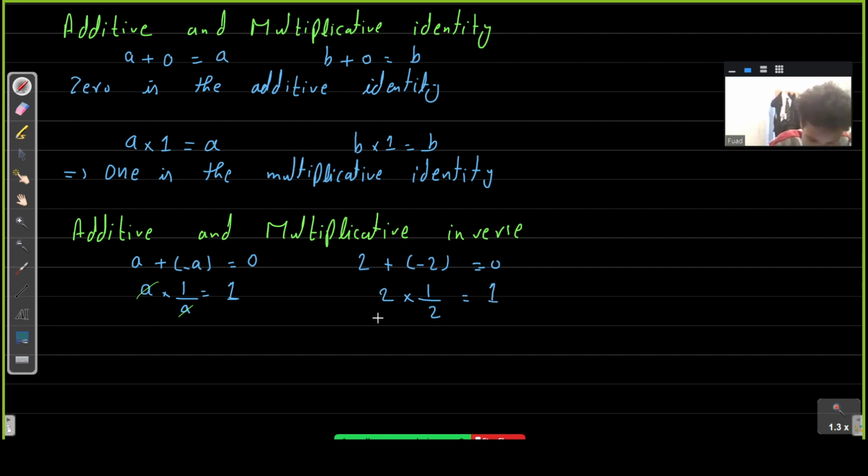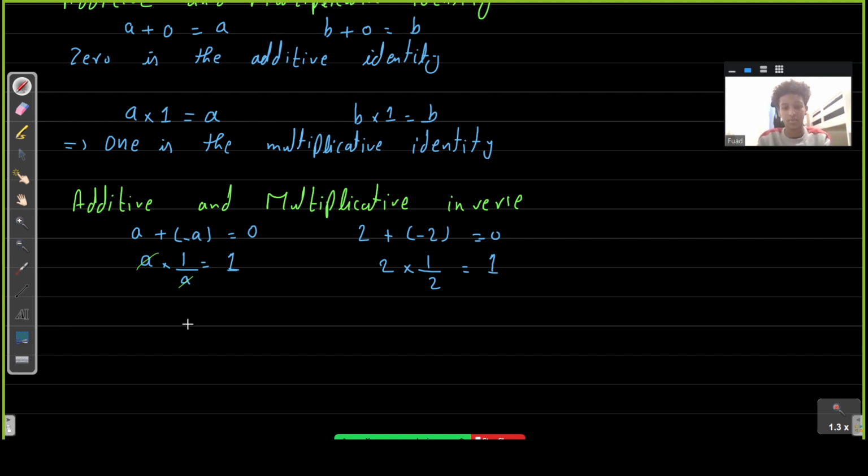It means the reciprocal of a number is the multiplicative inverse of that number. The multiplicative inverse of a is 1 over a, the multiplicative inverse of 2 is 1 over 2, and the multiplicative inverse of 1 over 2 is 2. Both of them are multiplicative inverses of each other.